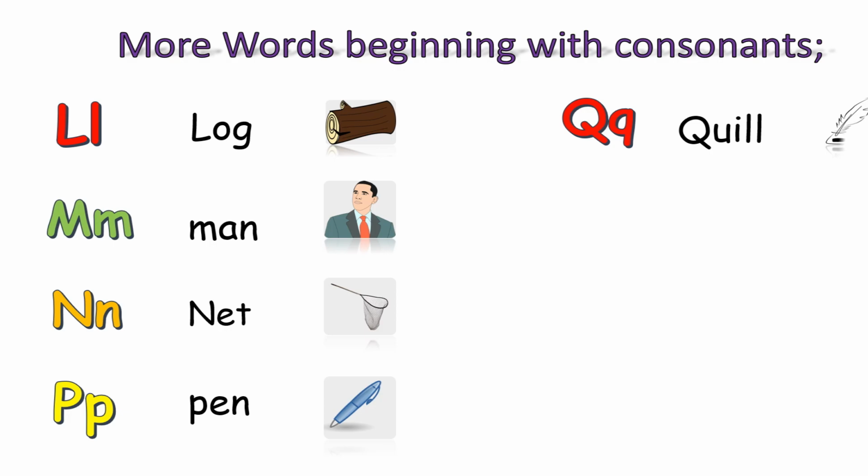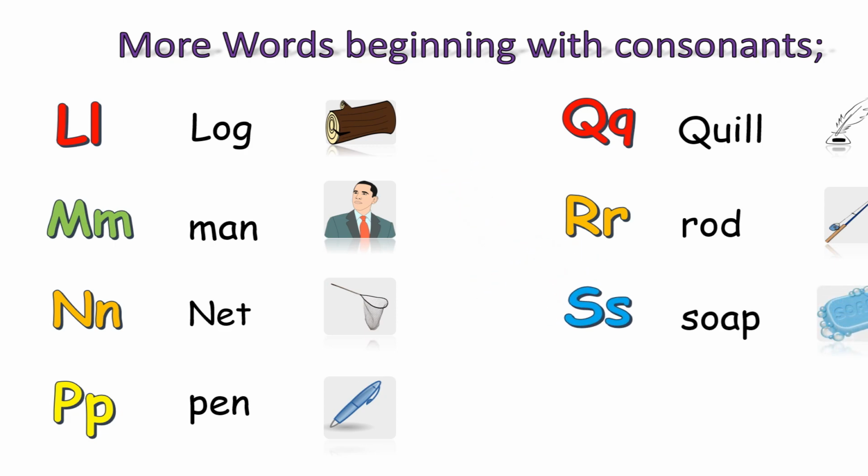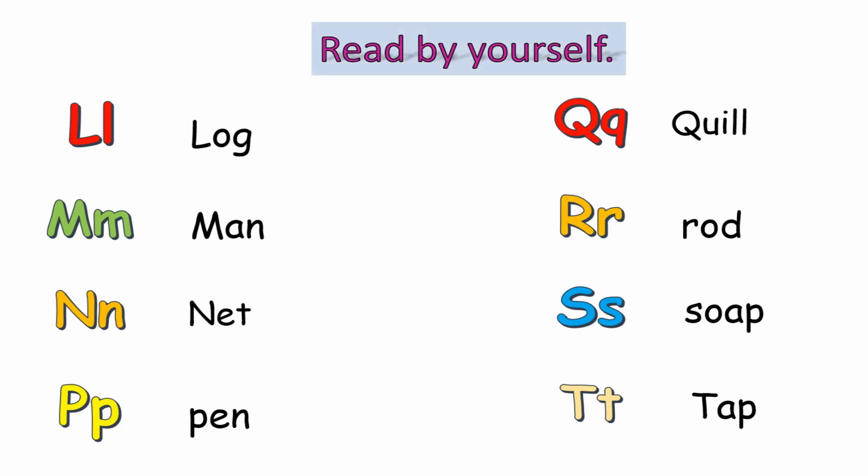Q, quill. R, rod. S, soap. T, tap. Now read it by yourself.